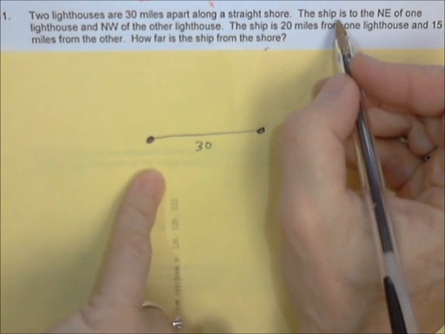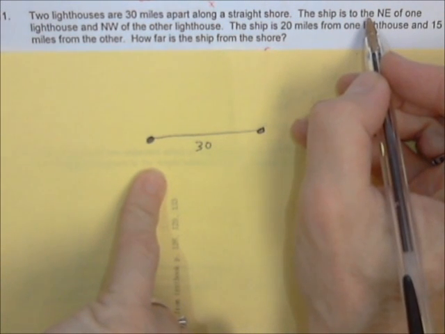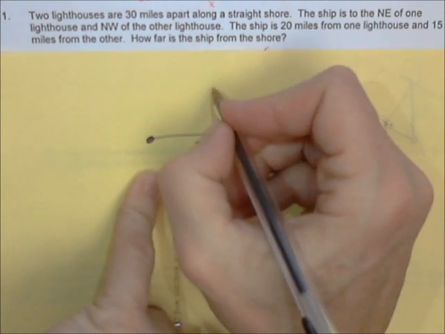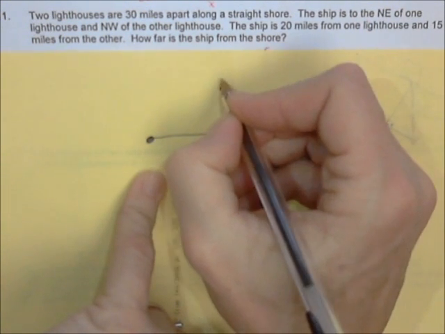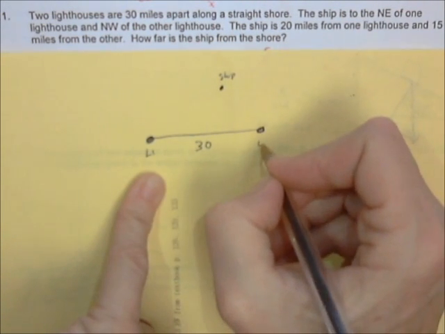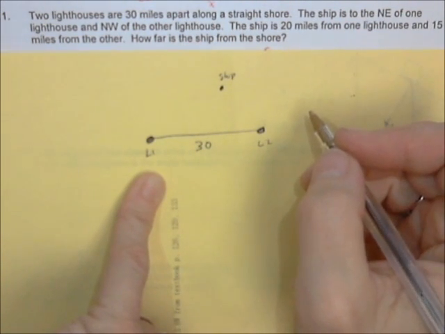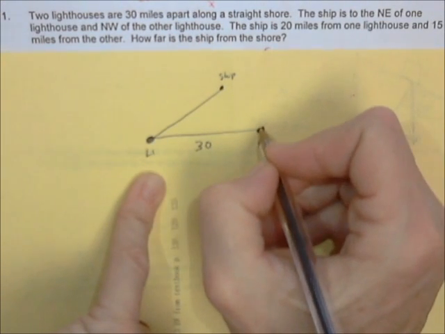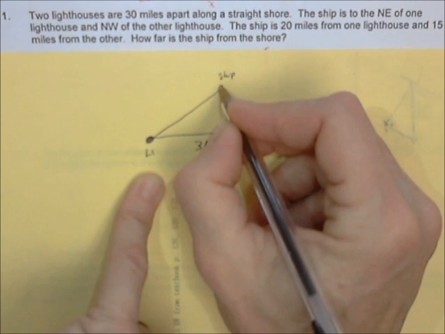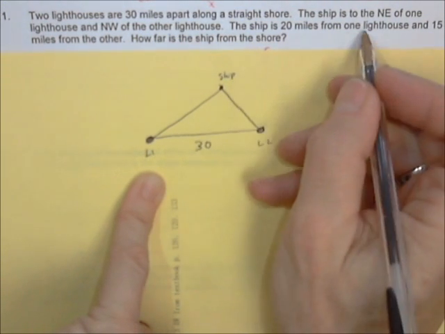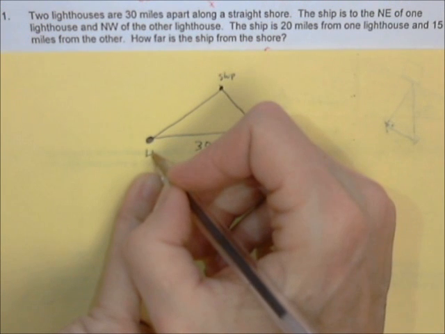There's a ship to the northeast of 1, and to the northwest of the other. So here is a ship. I'll call this L1 for Lighthouse 1 and L2 for Lighthouse 2. The ship is 20 miles from the first lighthouse.